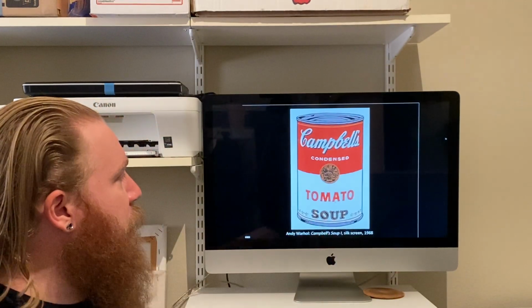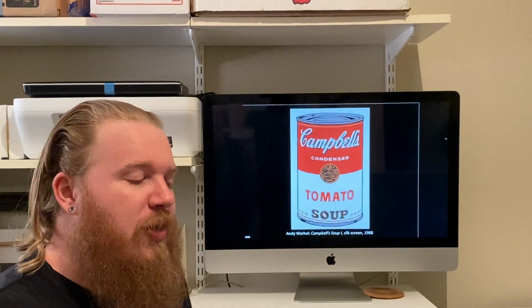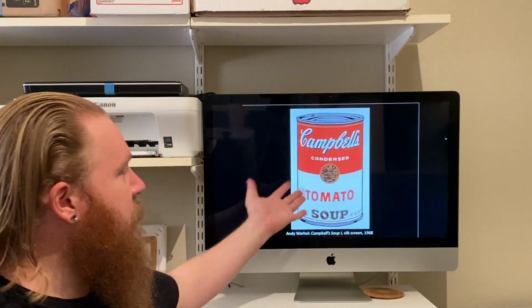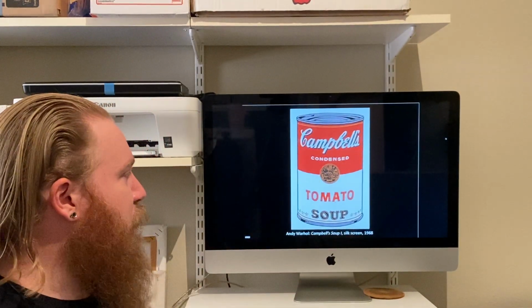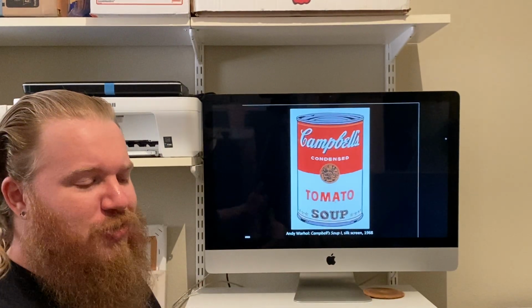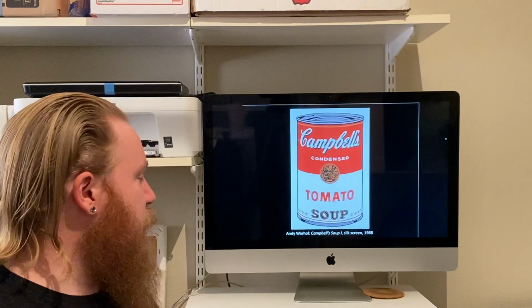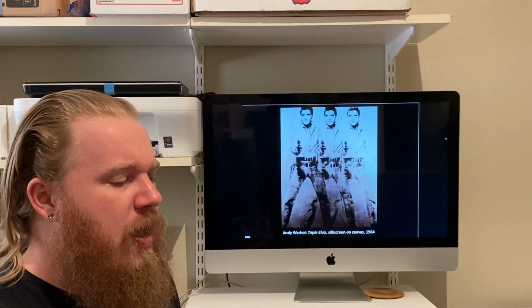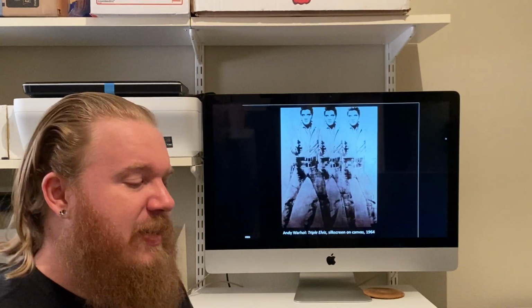I'm sure we're all familiar with Andy Warhol's Campbell's Soup and a lot of his other works of art. Not only is he using screen printing to recreate this idea of mass consumer goods, but he also uses it to talk about the consumer quality of celebrity status.